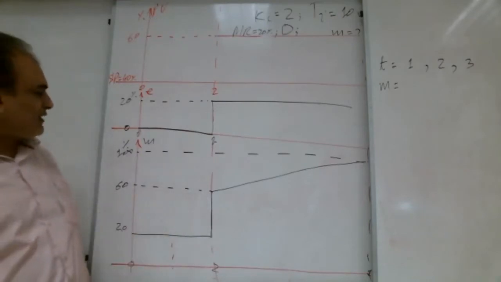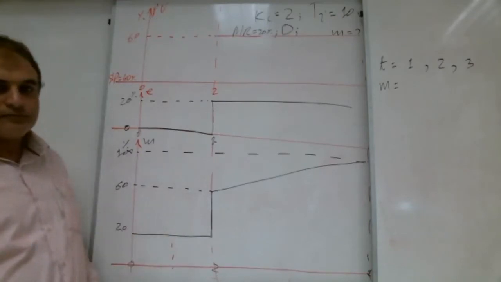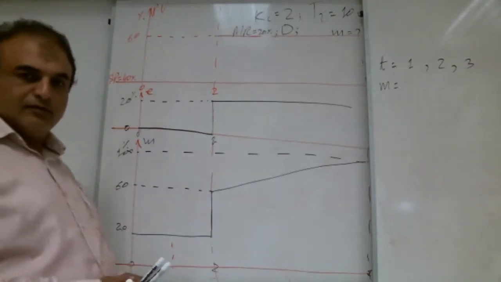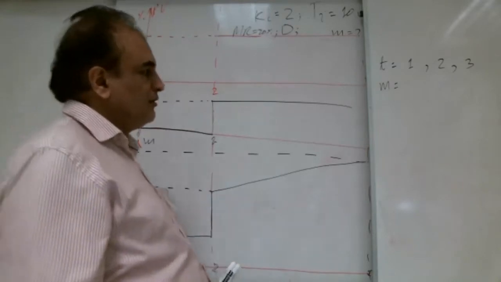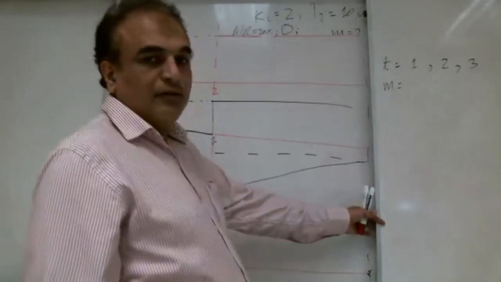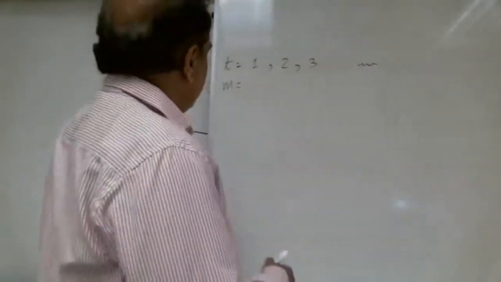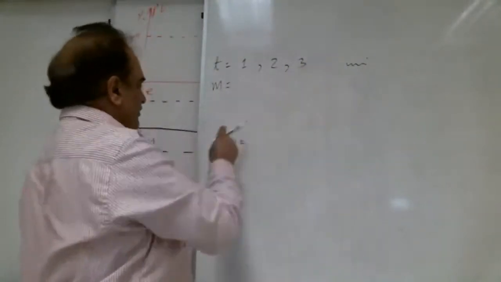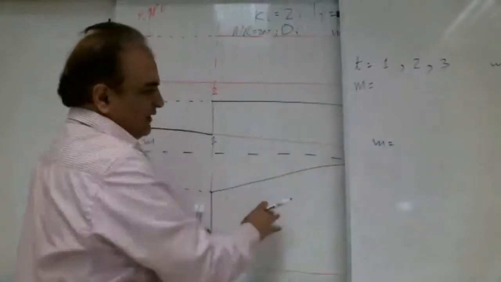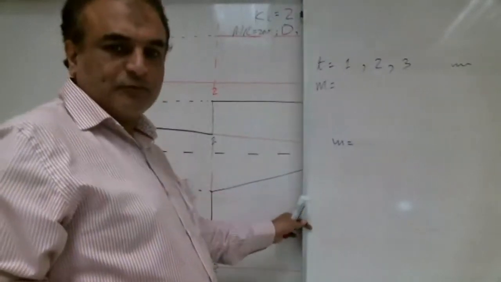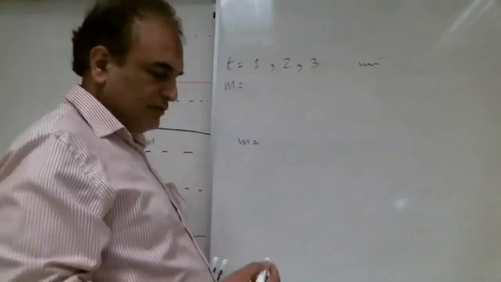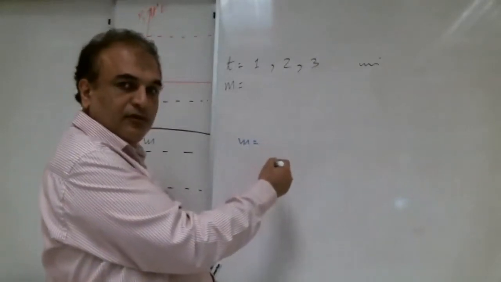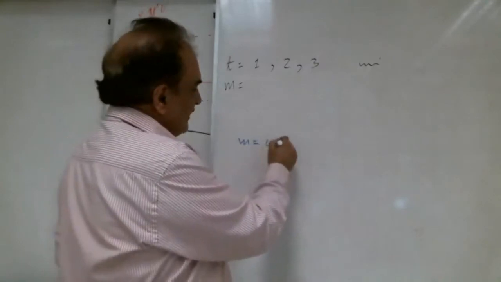Okay. At 3 minutes, what is the output? From 60 to 100. See here. What was the equation for the output for this portion? Please tell me the equation. 4 plus 52.